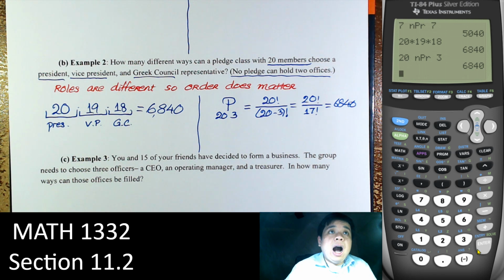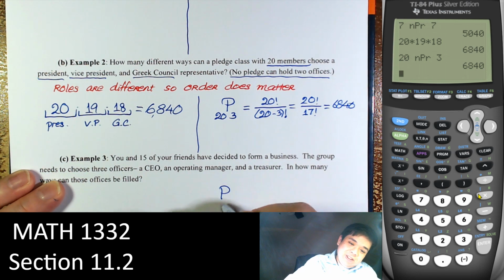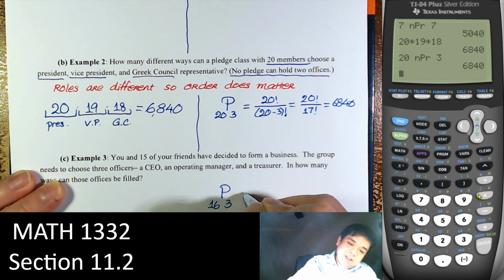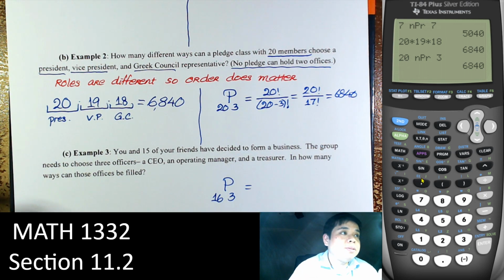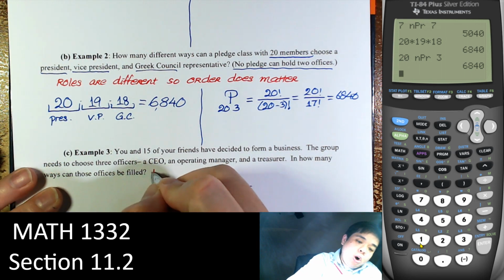Next, you and 15 of your friends, that makes 16 people total. The group needs to choose 3 officers, the CEO, operating manager, and the treasurer. So there are 3 roles again, and there are 16 people to choose from. So 16P3 pretty much, right? Yeah. And again, when we choose this, roles are different. Order does matter.